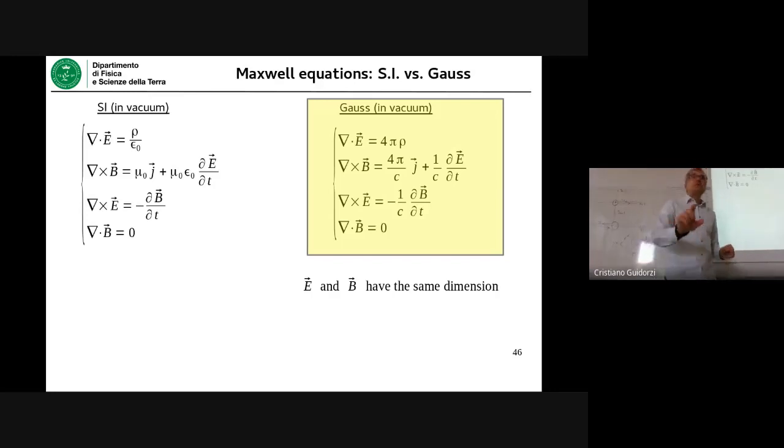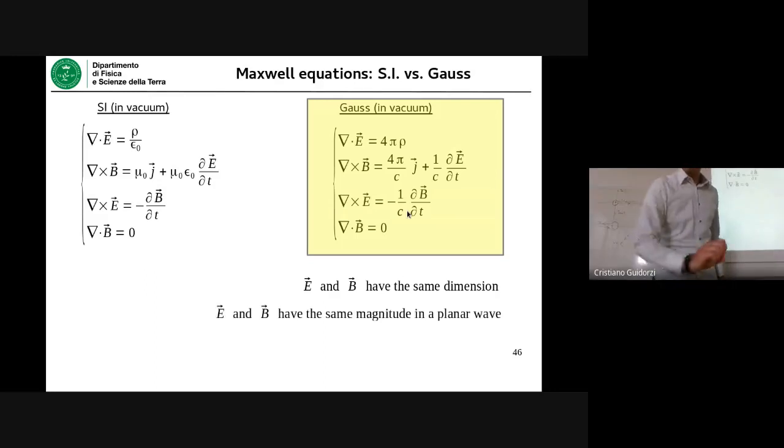A few points are worth making. Unlike the international system, in the Gaussian system, the magnetic field and the electric field are homogeneous. They have the same unit of measure. You can see probably, even from Faraday's law, this is a derivative with respect to space, and this is a derivative with respect to c dt, which is space. So you need to see that they're homogeneous quantities, same dimension.